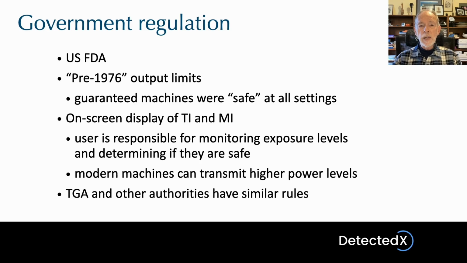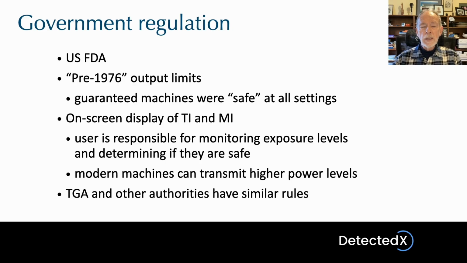So they did a survey and they established a database of the output levels for all the different machines and used that to set safe upper limits for the exposure for 4 different clinical areas: ophthalmic, cardiac, vascular, and general ultrasound. These are referred to as the pre-1976 limits.